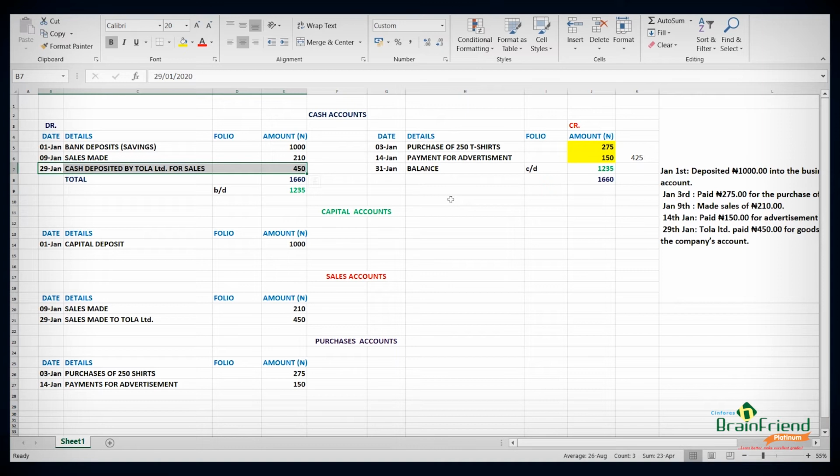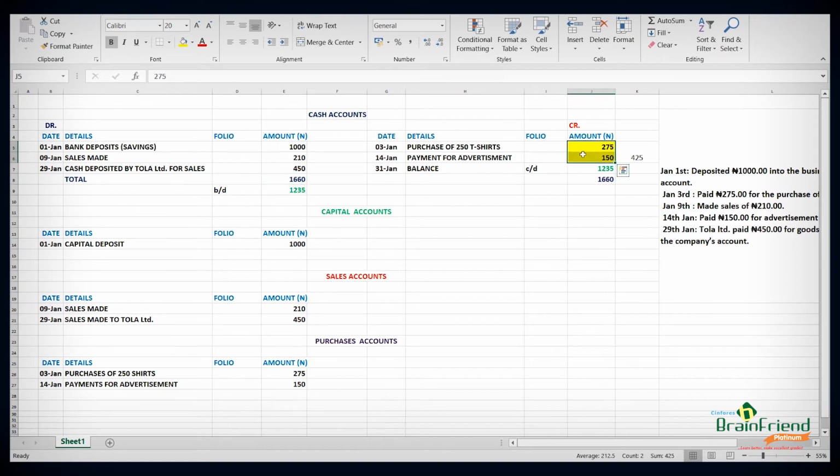But then our next task is to balance this account. If we add the values on the debit section, we will have a total of 1,660 naira. Let's see what we will have if we add that of the credit side.